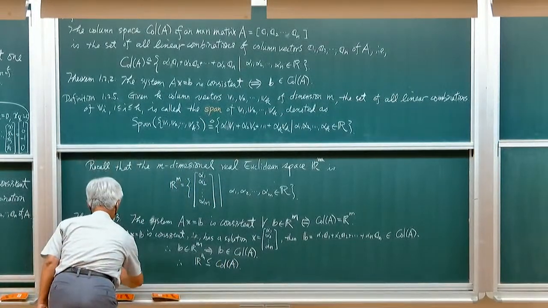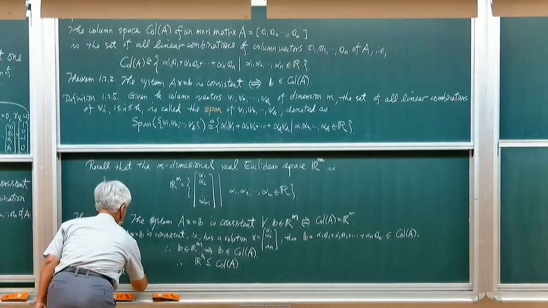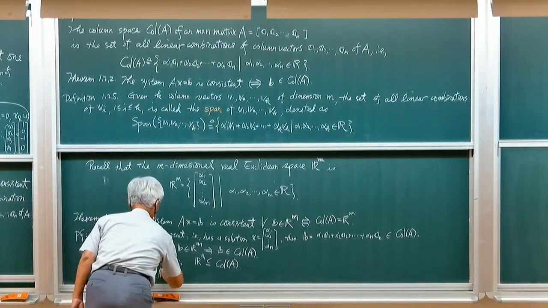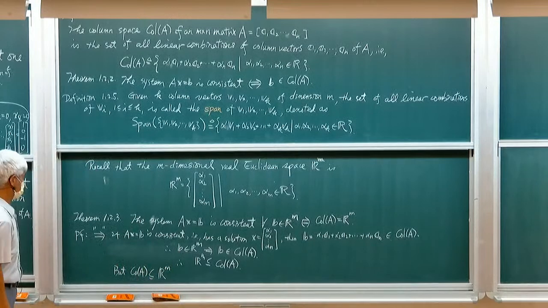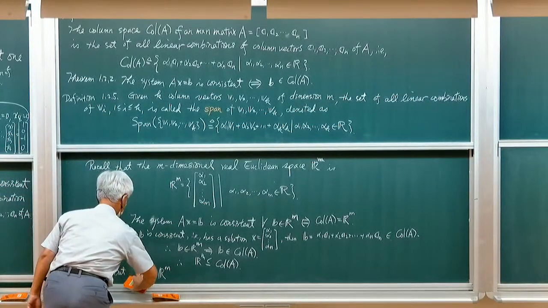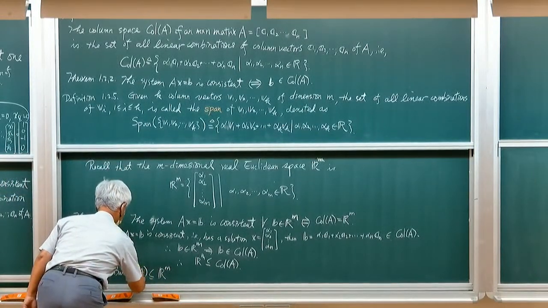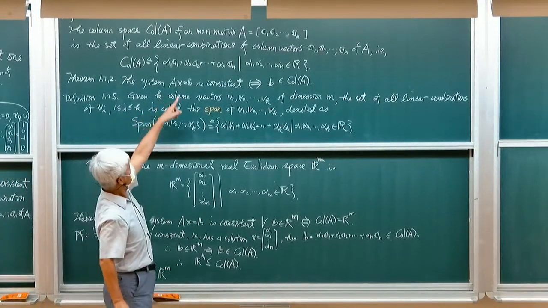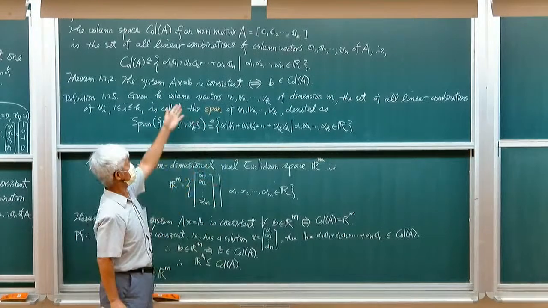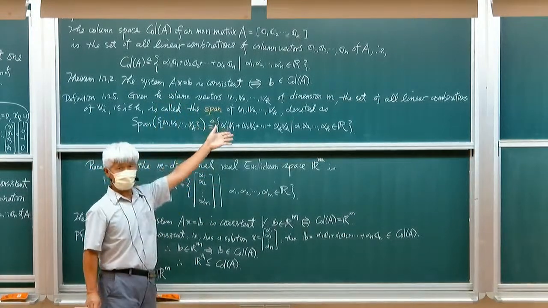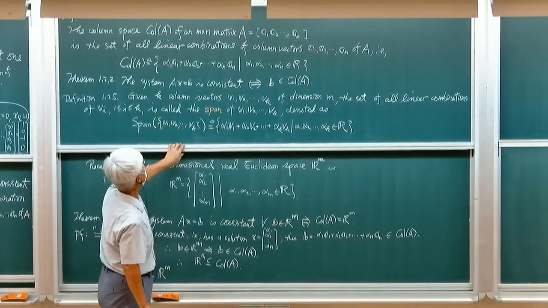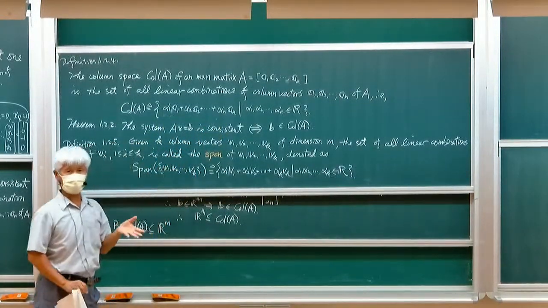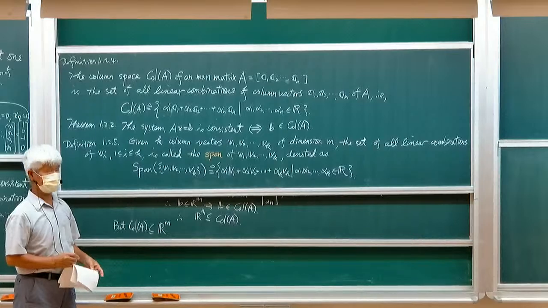But the column space of A must be a subset of R^m. Why? Because these are linear combinations of m-dimensional column vectors, so this linear combination must be a column vector of dimension m.